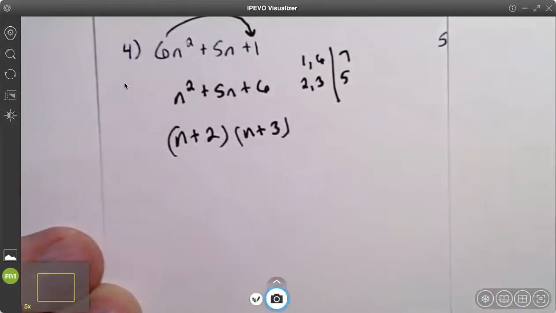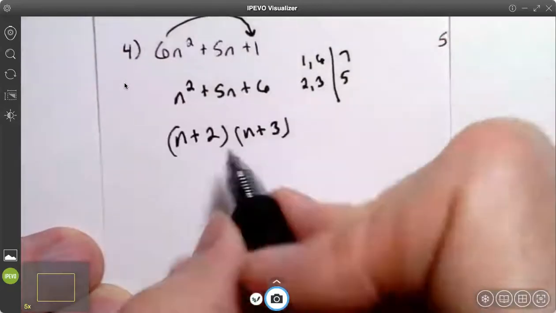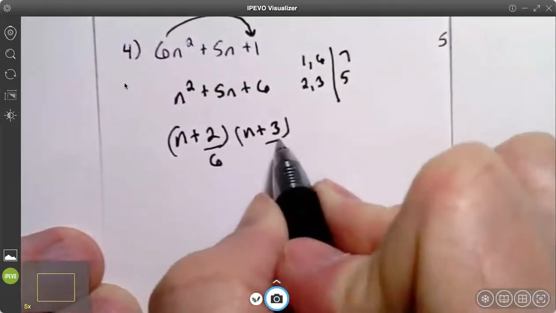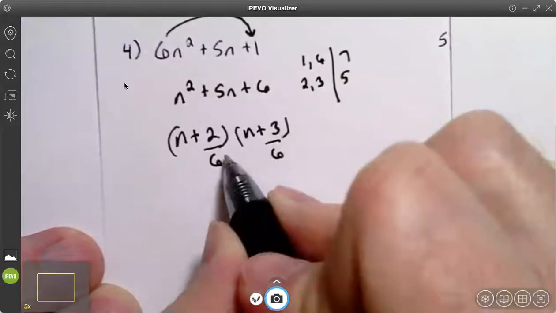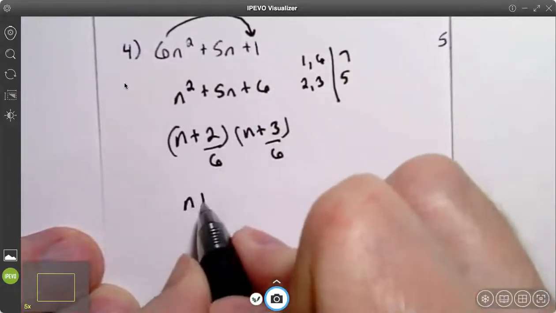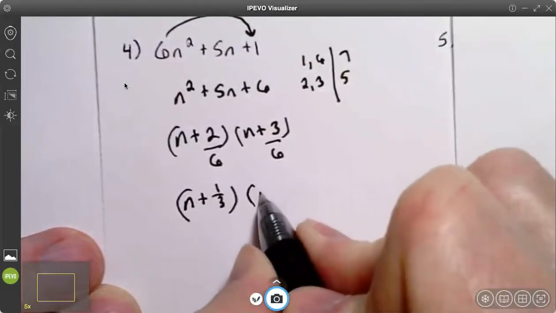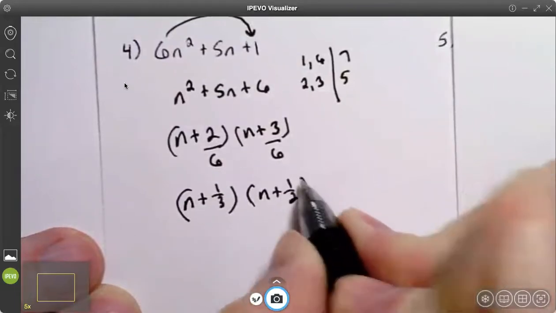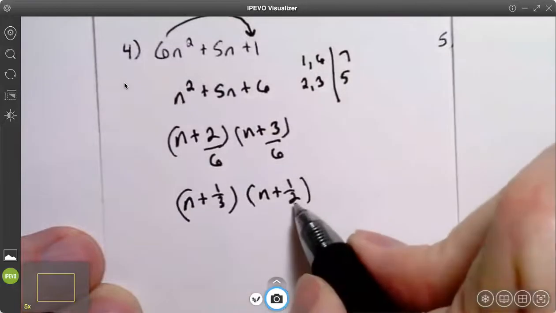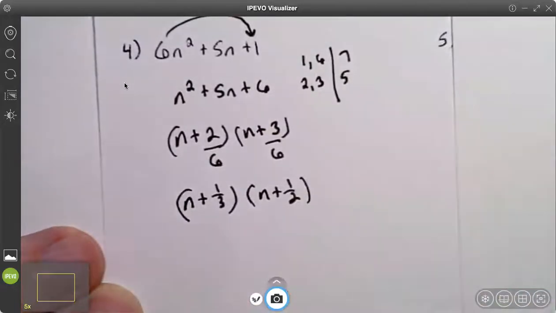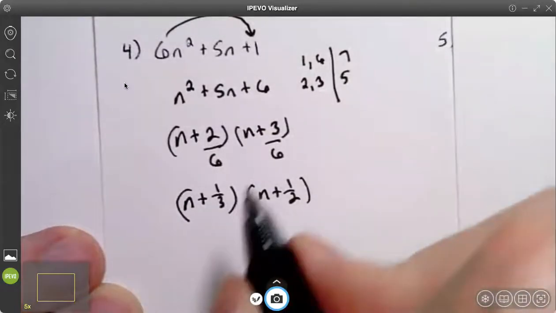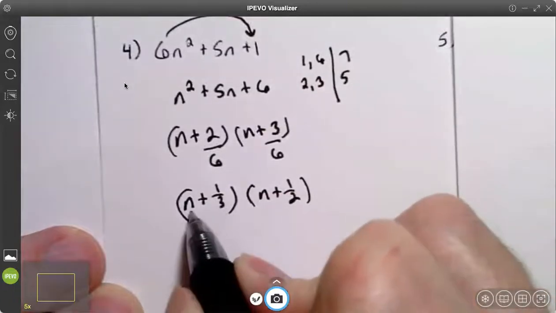Now we go back to the swing and divide. I swung a 6, so I need to divide by 6. Simplify these fractions. N plus 1/3. That'll be n plus 1/2. I simplified my fractions, but I still don't have a whole number, so I'm ready to swing back. Swing my 3 back here.